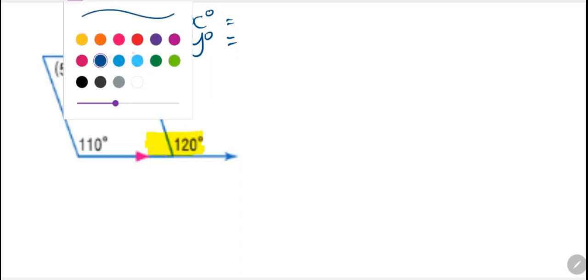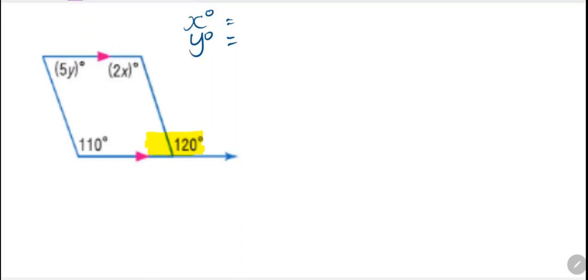So we can say that this angle here is going to be 60 degrees. Now these are in parallel lines. So this angle here and this angle here are co-interior angles, and they add up to 180.